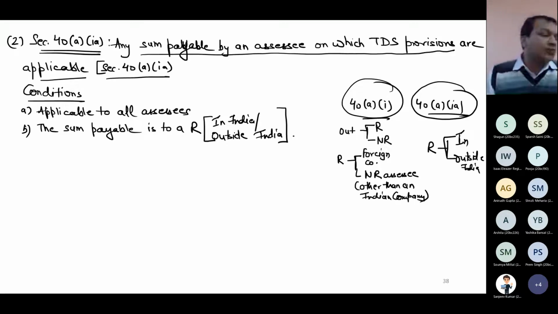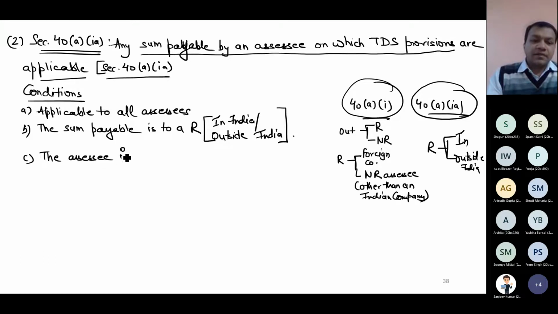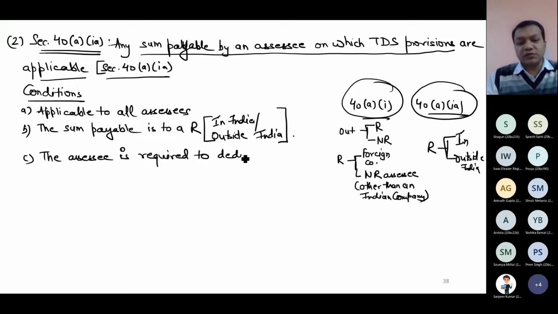So this is the point. Third point: as per the provisions, the assessee is required to deduct tax at source. And the last is also the same.